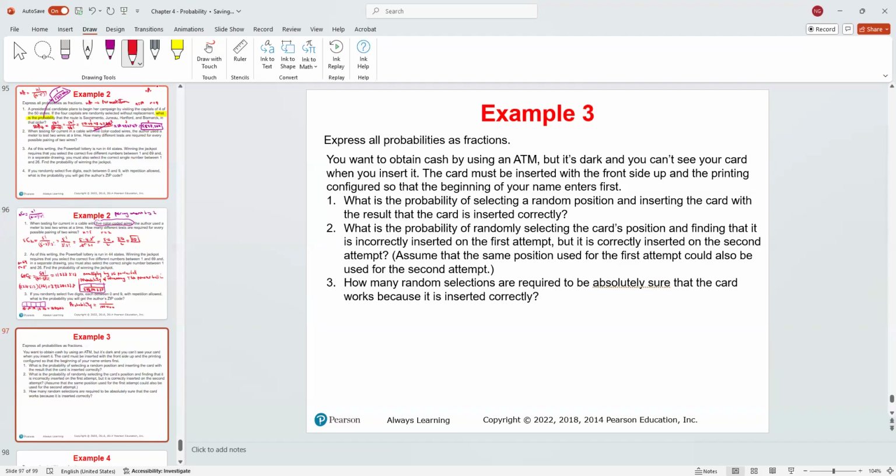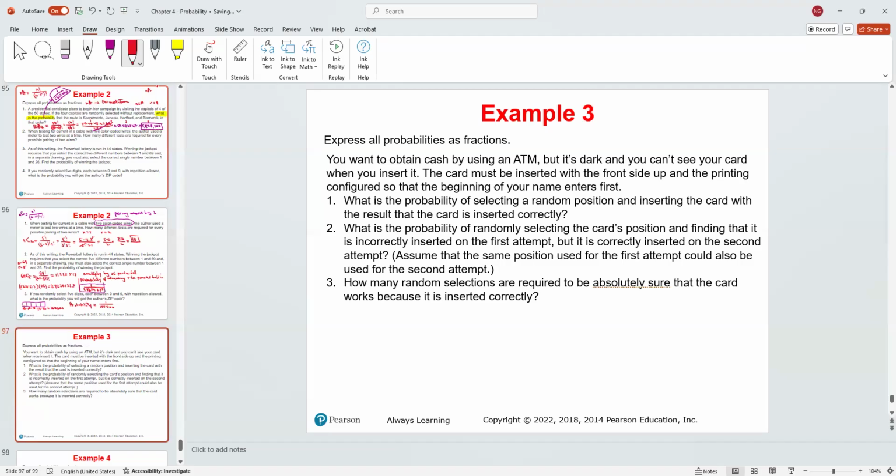The card must be inserted with the front side up and the printing configured so that the beginning of your name enters first. What is the probability of selecting a random position and inserting the card so that the card is inserted correctly? How many different possibilities do you have?